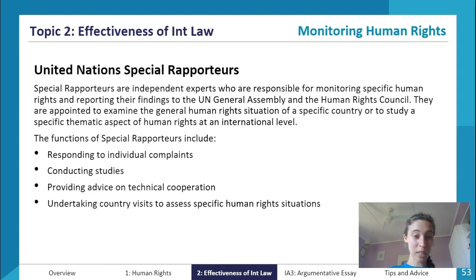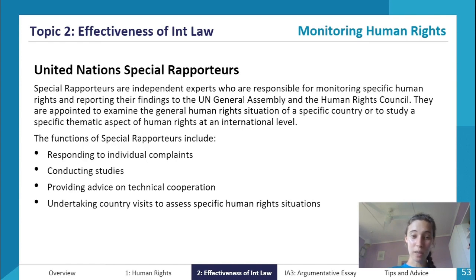Special rapporteurs are independent experts who are responsible for monitoring specific human rights and reporting their findings to the UN General Assembly and the Human Rights Council. So it sounds like a scary title, but I guess you can think of it as they're reporters. So they are monitoring and reporting their findings to the relevant bodies.